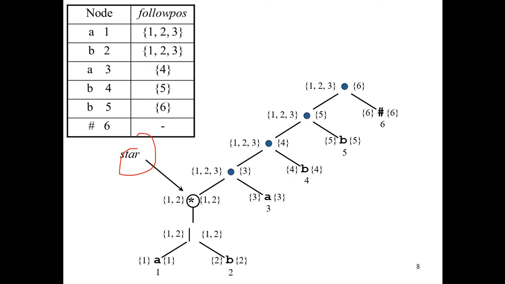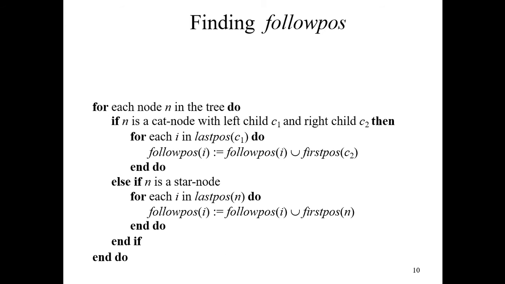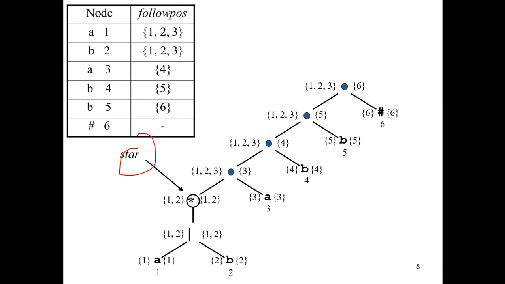This is the lastpos, this is the firstpos of the star symbol. The algorithm says for every lastpos in the star symbol, it will be unioned with the firstpos. So 1 will be going to 1 2 and 2 will also be going to 1 2.